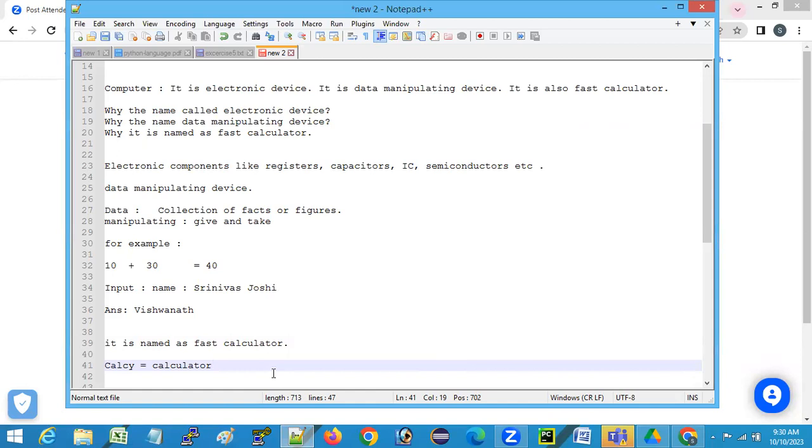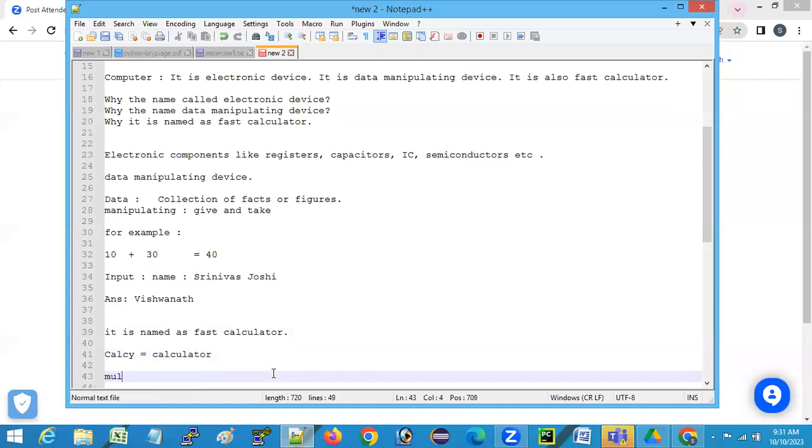Whereas with this device, this computer, we are going to get multiple answers at a time. So that's why it is called a fast calculator. Multiple calculations at a time we are going to get from this device.